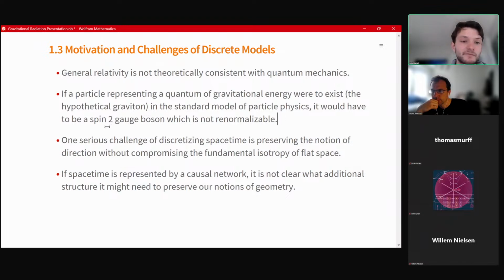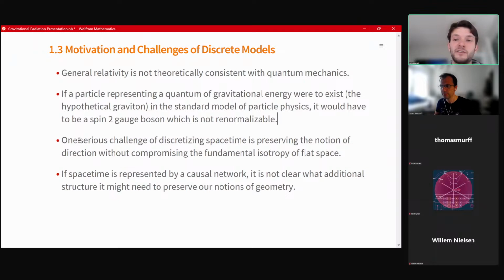And the idea is that the reason why there's this inconsistency is that we're assuming space and time are continuous, but we wouldn't have this problem if space and time were made up of discrete points, because if that were the case, we wouldn't need to take limits as distances go to 0, because there wouldn't be an infinite number of points between any two points in space and time.